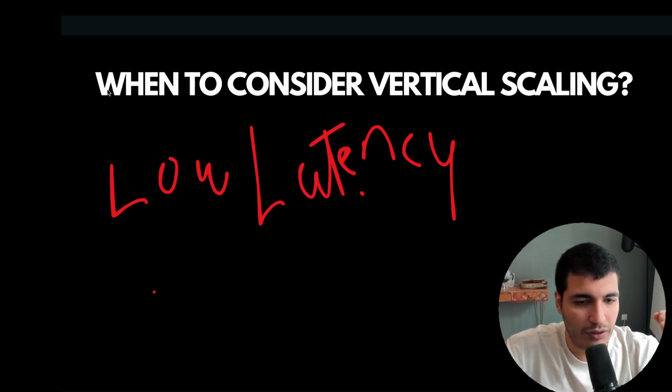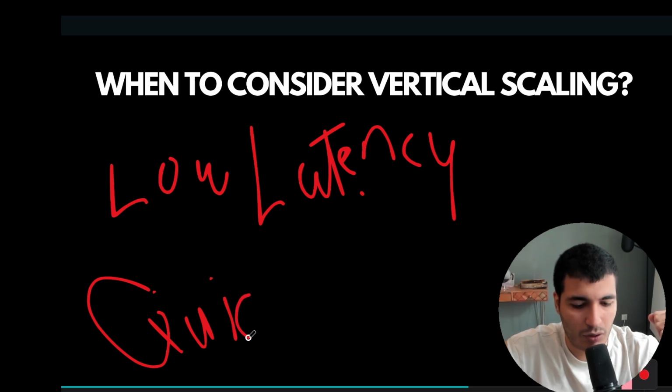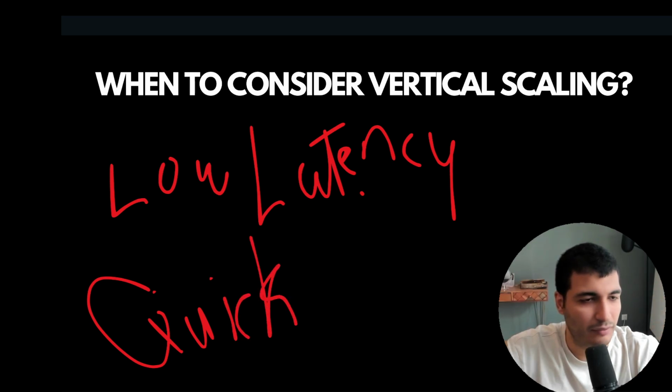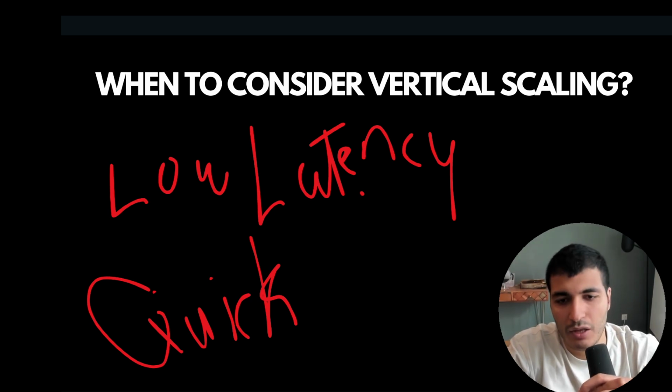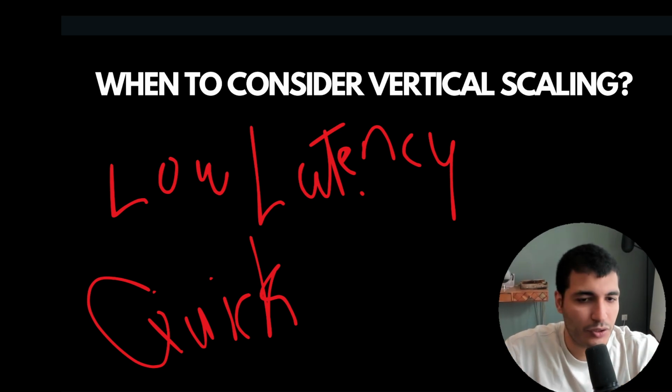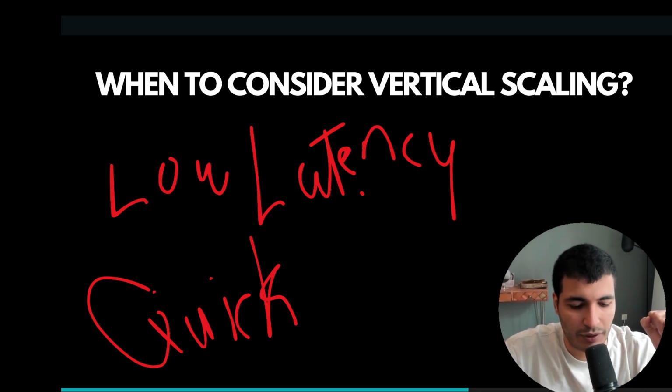And also, if you need something quick and cost-effective initially. So in the short term, especially in the cloud, vertical scaling can be quick and relatively cost-effective to address performance issues without significant architecture changes.